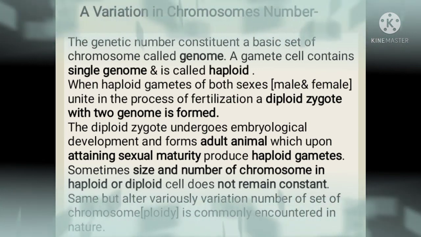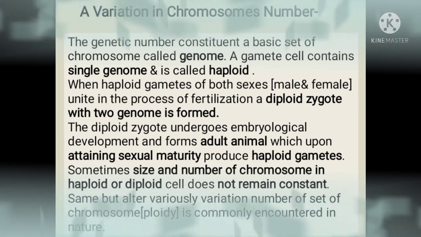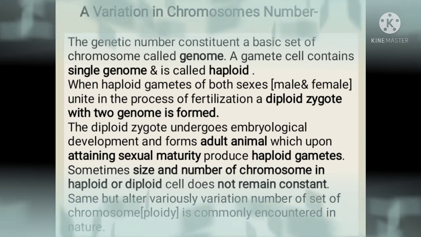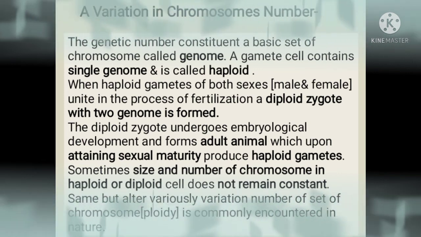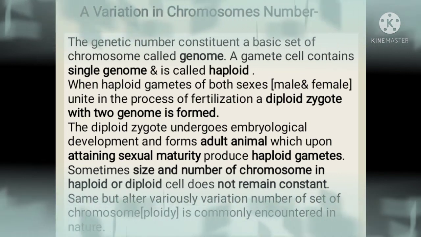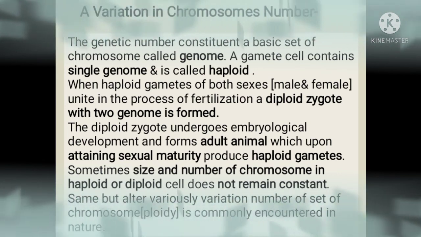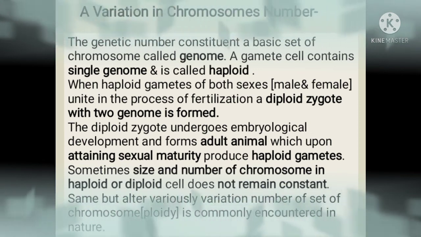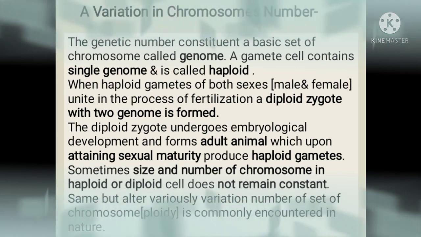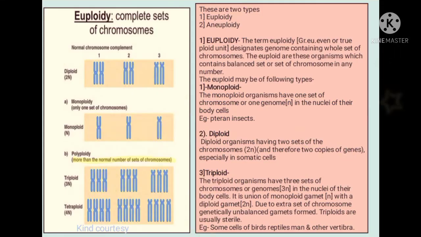The diploid zygote undergoes embryological development and forms an adult animal, which upon attaining sexual maturity produces haploid gametes. Sometimes the size and the number of chromosomes in the haploid or diploid cells do not remain constant but alter variously, a variation in the number of sets of chromosomes. It is encountered in nature.